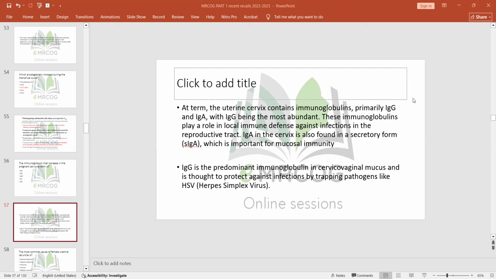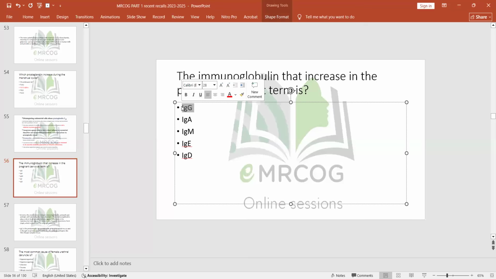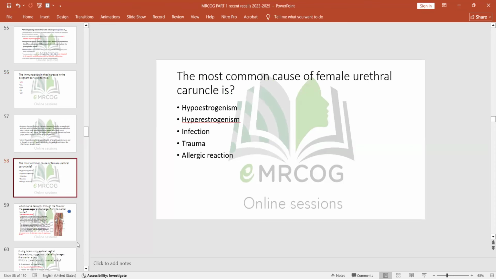So if they asked you about what would be the most abundant immunoglobulin in milk, for example, this was an old recall. In sweat, for example, this is also IgA. So I think I would go for IgG. If you approve it, it's okay. If you don't, you can go answer it whatever you want.